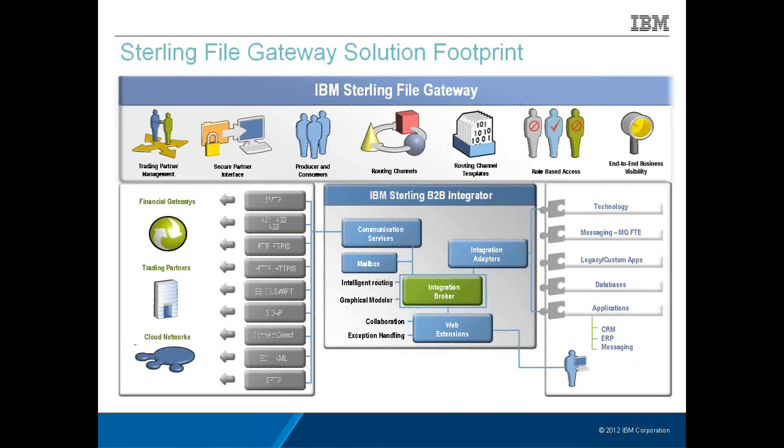A small footprint of what Sterling File Gateway is: as I said earlier, Sterling File Gateway is built on top of Sterling B2B Integrator, which supports various transport as well as business protocols. On the left-hand side, you would see various protocols indicated, like SMTP, AS2, FTP, HTTP, and various other protocols as well.